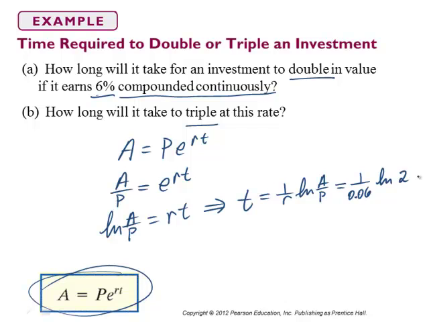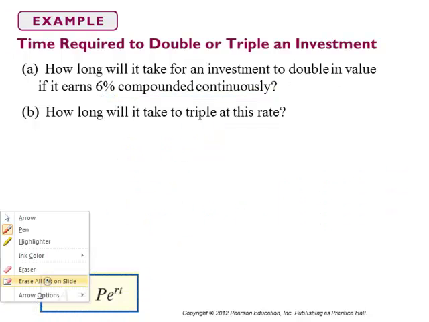That's what the answer is really going to turn out to be. And by the way, for part B, what do you suppose that A over P is going to be for the tripling problem? Well, instead of natural log of 2, it'll be natural log of 3. Right. So I'm going to erase this ink and I'll put up the answers.